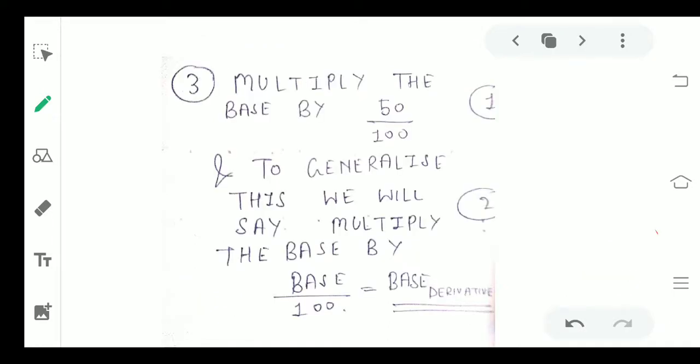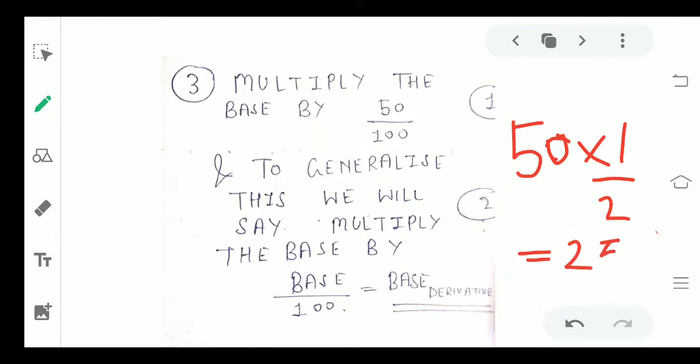In the third step, we will multiply the base by 50 upon 100. It means the base 50 must be multiplied by 1 upon 2. We will get 25. And to generalize this, we can say multiply the base by base upon 100. Later on I will let you know what this means.